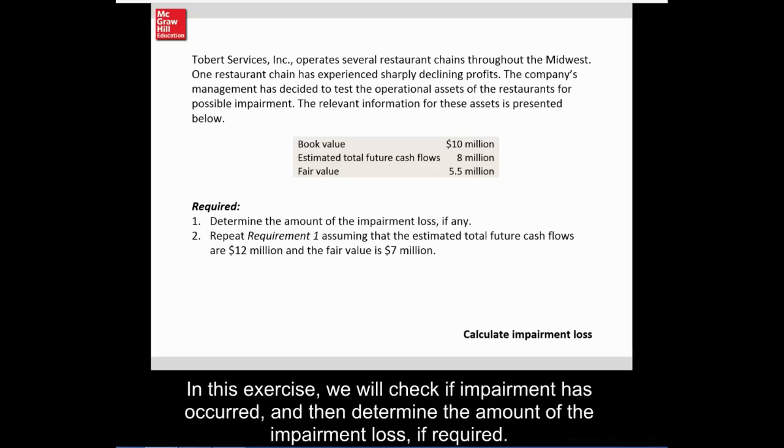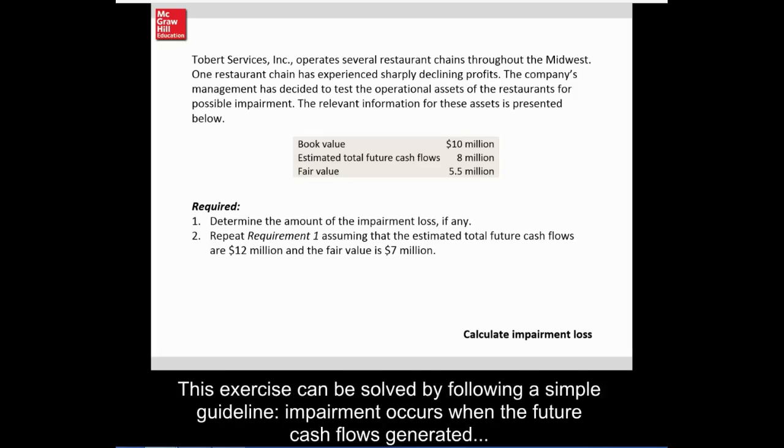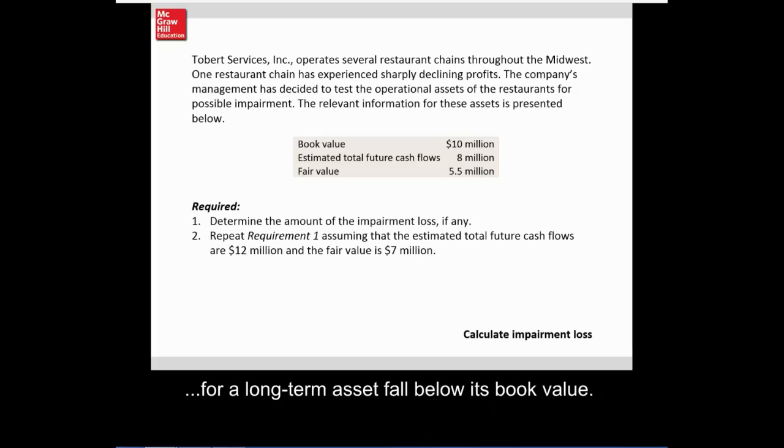In this exercise, we will check if impairment has occurred and then determine the amount of the impairment loss if required. This exercise can be solved by following a simple guideline. Impairment occurs when the future cash flows generated for a long-term asset fall below its book value.